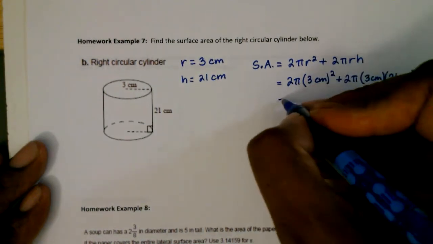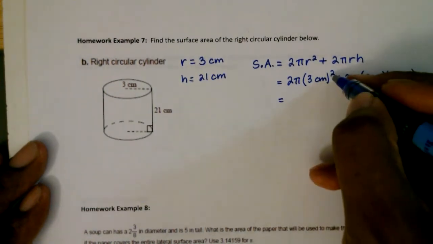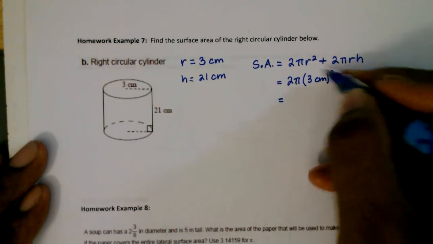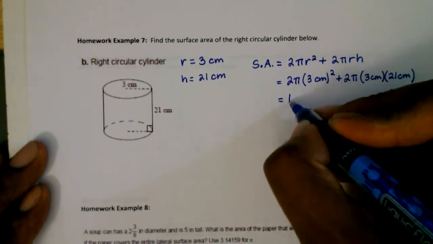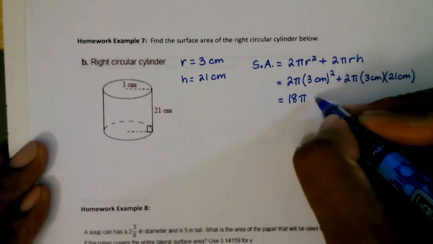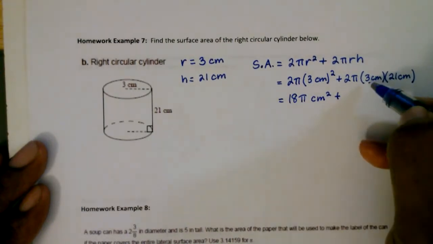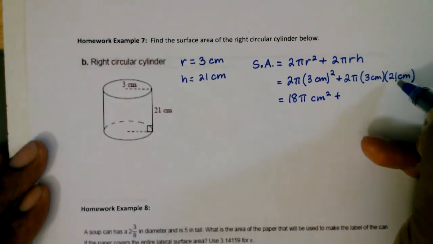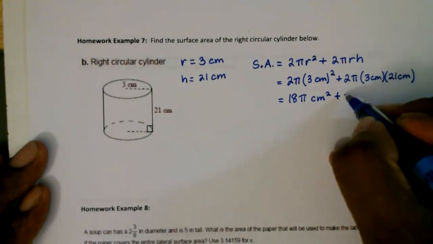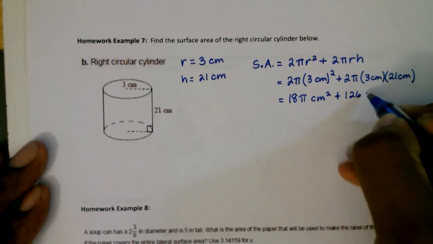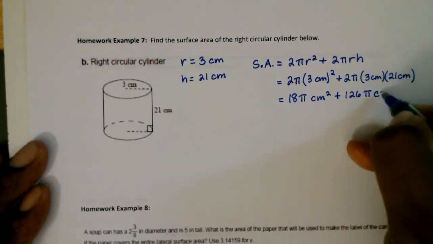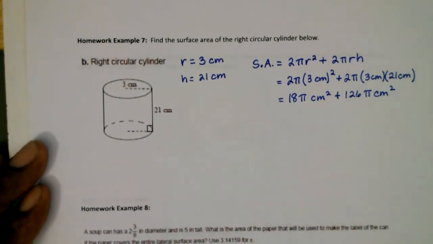Now let's simplify this. 3 squared is 3 times 3, which is 9. 9 times the 2 pi will be 18 pi square centimeters. And then 2 times 3 will be 6. 6 times 21 will be 126 pi square centimeters.